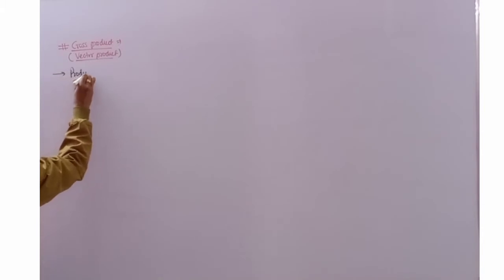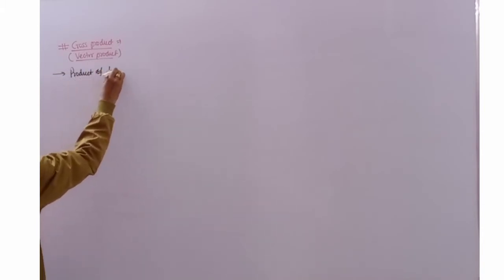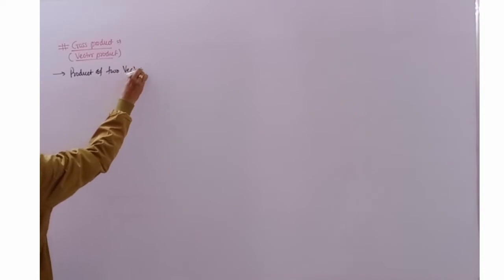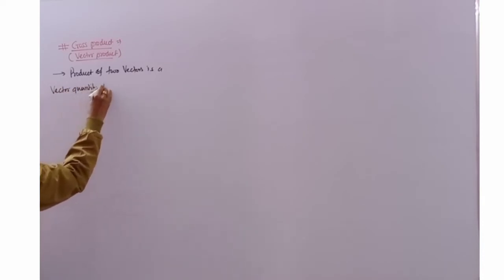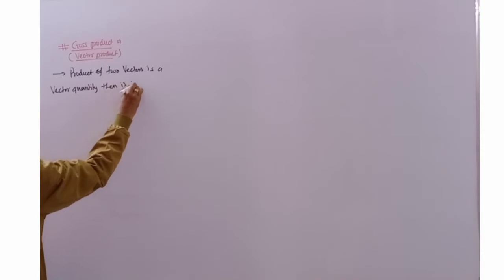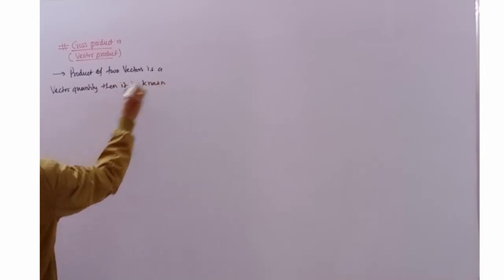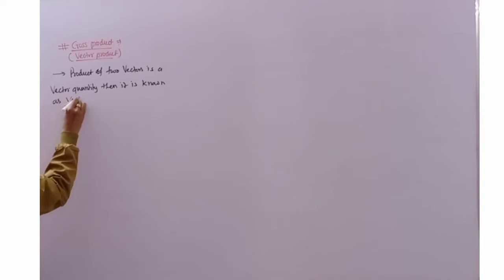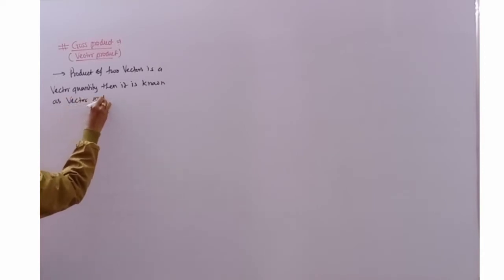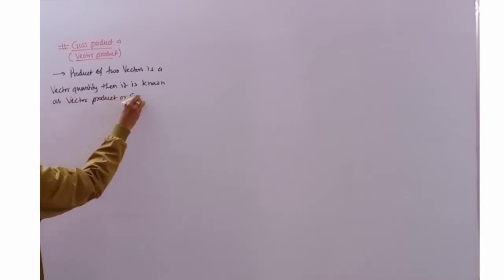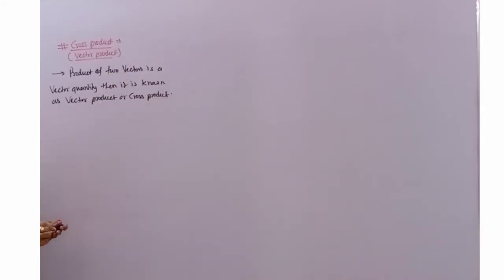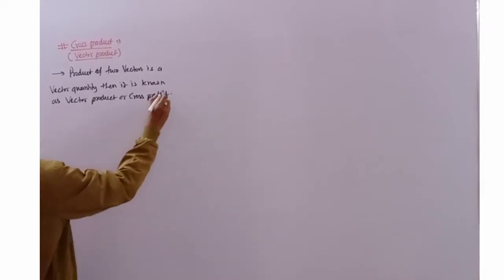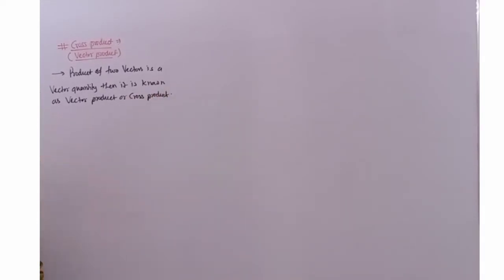Product of two vectors is a vector quantity, then it is known as vector product or cross product. That is, if the product of two vectors is a vector quantity, then it is known as vector product.